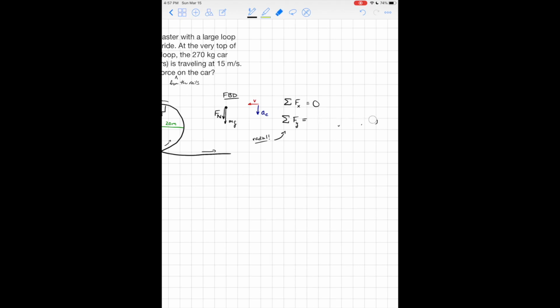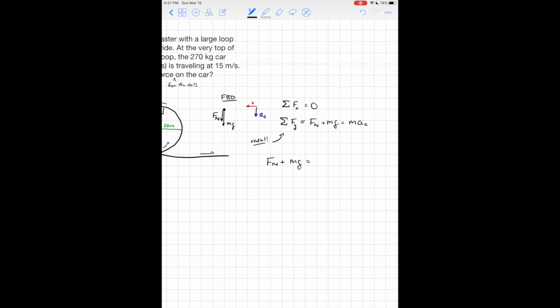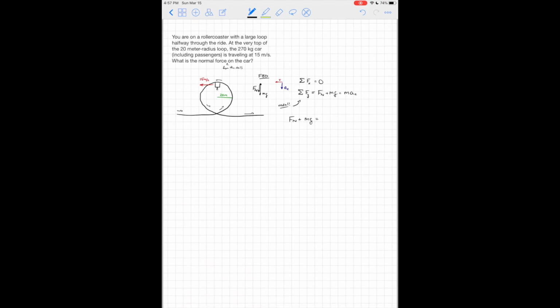So I'd rather just preemptively throw that negative sign, multiply by negative 1, and say that Fn plus mg equals mac. If I do that, I'm really saying that Fn plus mg equals the mass of the cart times v squared over my radius.